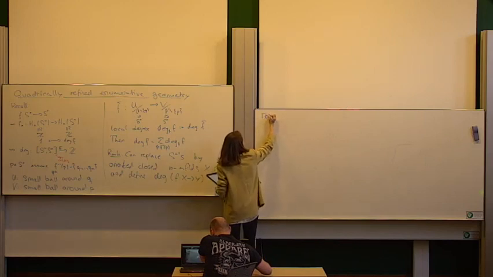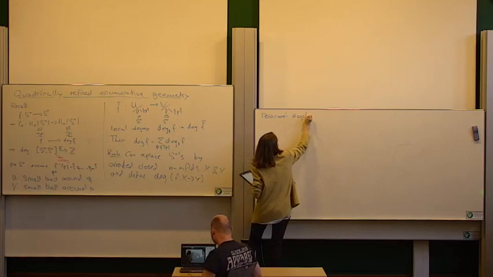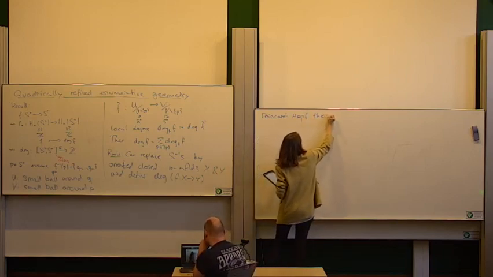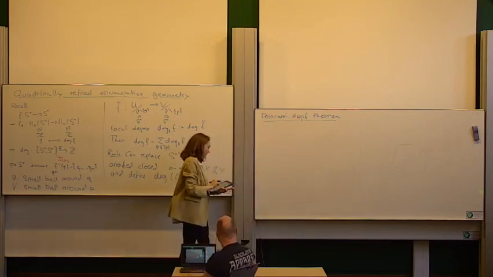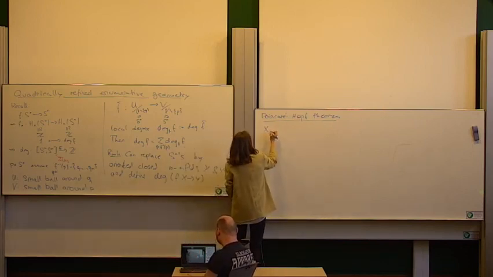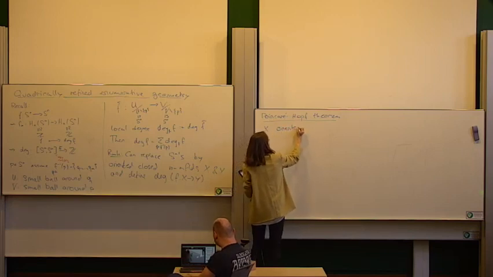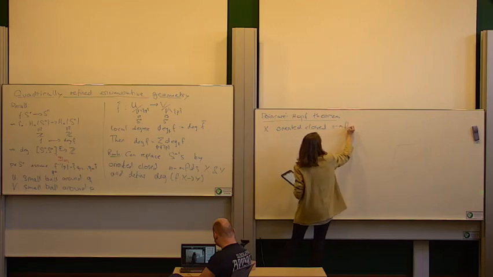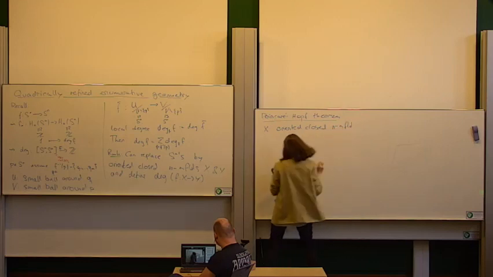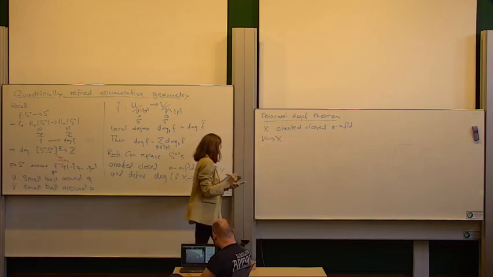One more thing I want to recall from the classical story, namely the Poincare-Hopf theorem, which I'll state in the following way. Let's say we have an oriented, closed manifold. And let's take a vector bundle over it.